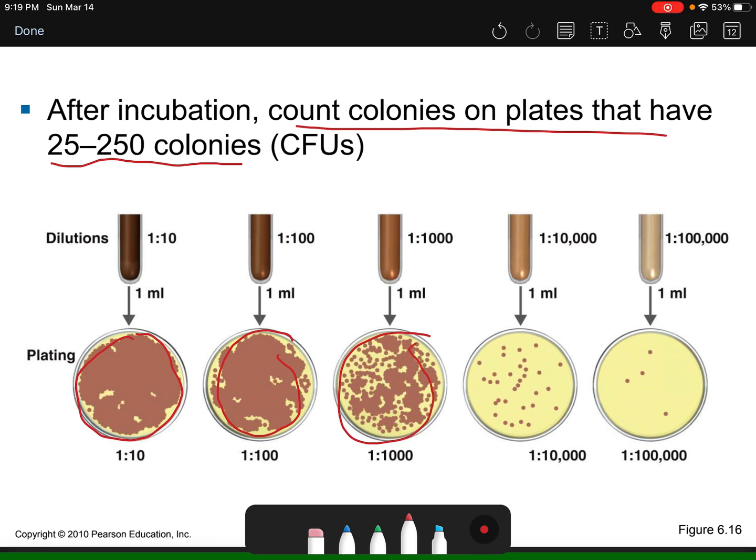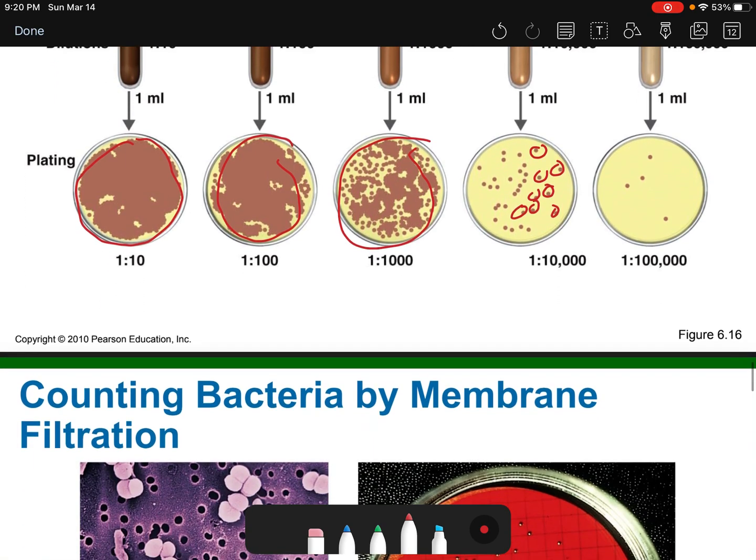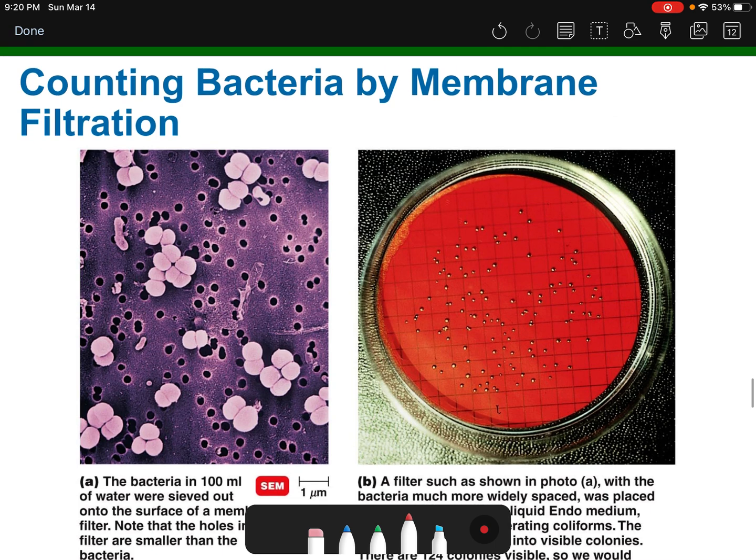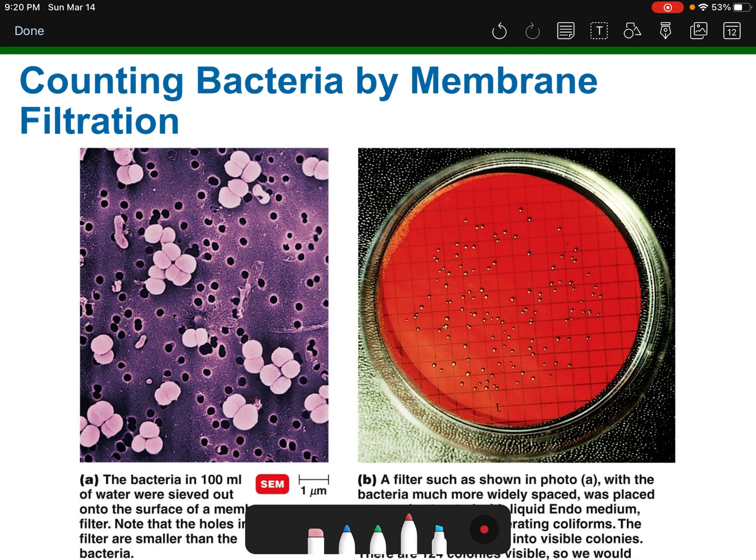Oh, now we can start to count. 1 in 10,000. Now we can count 1, 2, 3, 4, 5, 6, 7, 8, and so on. So we can look at the number here and count, and then do some mathematical calculations to see how many microbes would have been in the original broth sample.